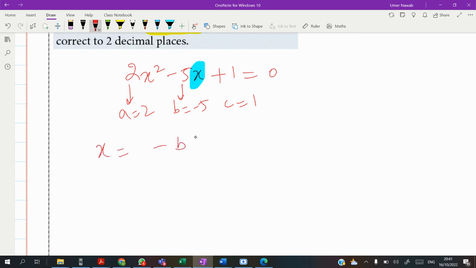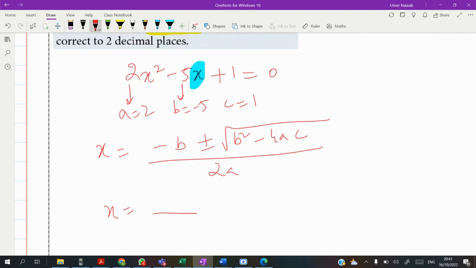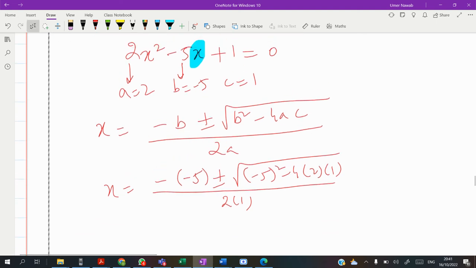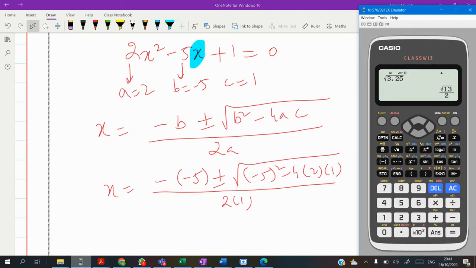So x is equal to negative b plus minus square root of b squared minus 4ac, whole over 2a, and now substitute minus b is 5, plus minus square root of -5 whole squared minus 4ac over 2a. Now you guys should use calculator because examiner knows that you are familiar with quadratic formula.